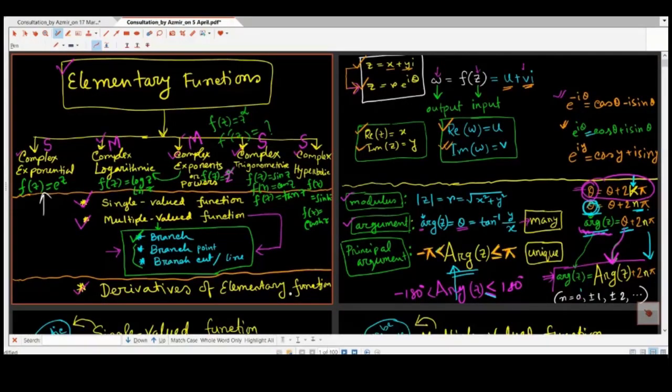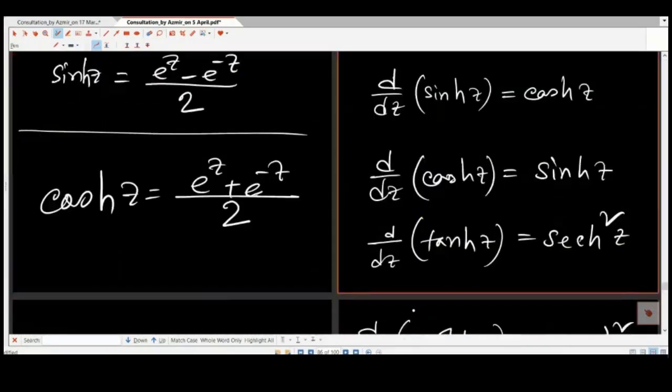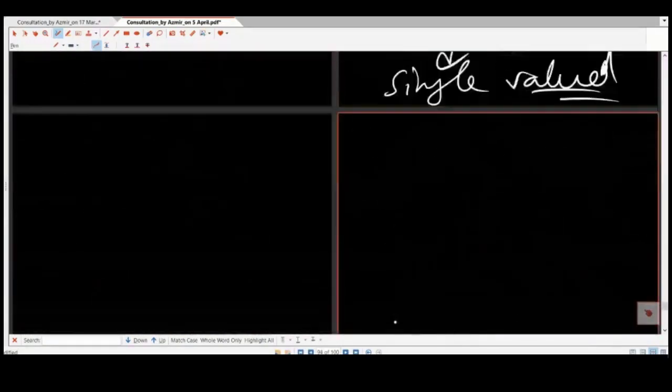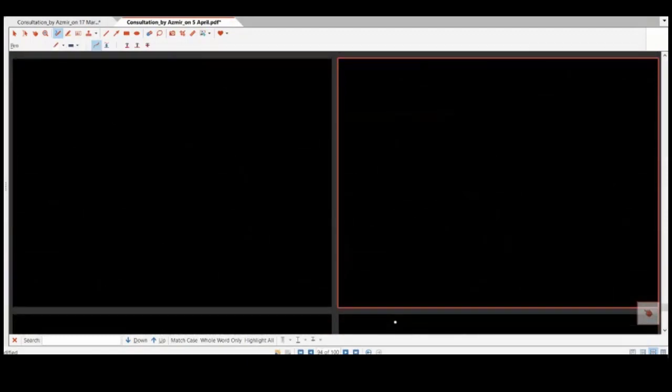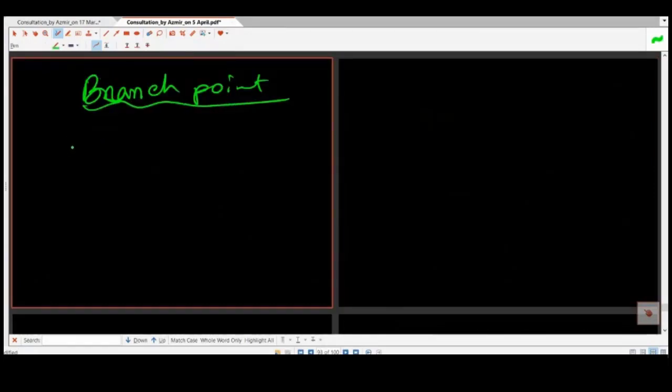So we have discussed all these elementary functions. The important ones are complex exponential, complex logarithm, and complex exponent, these three. Complex exponent and complex logarithm are multiple valued functions, which means we will have branch points and branch cuts. Let's look at some examples so that you can understand the pattern of finding branch points.